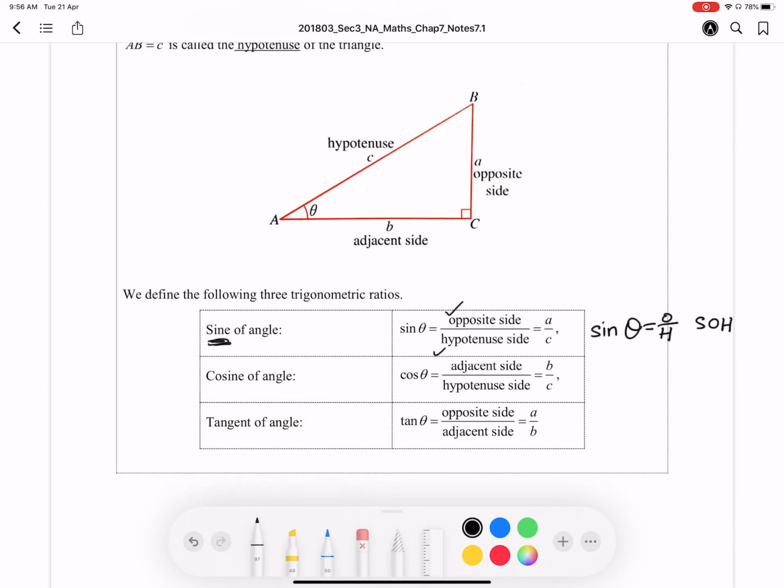And for the second trigo ratio, which is cosine, we have cosine equals adjacent over hypotenuse, so cosine theta equals A over H. Again, this is from the Tuakaso, the car part.